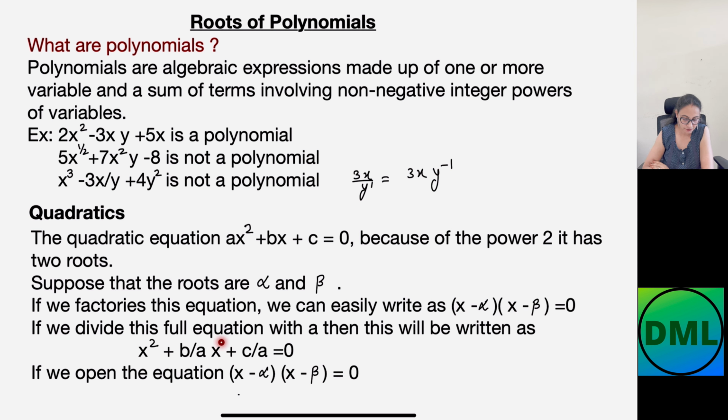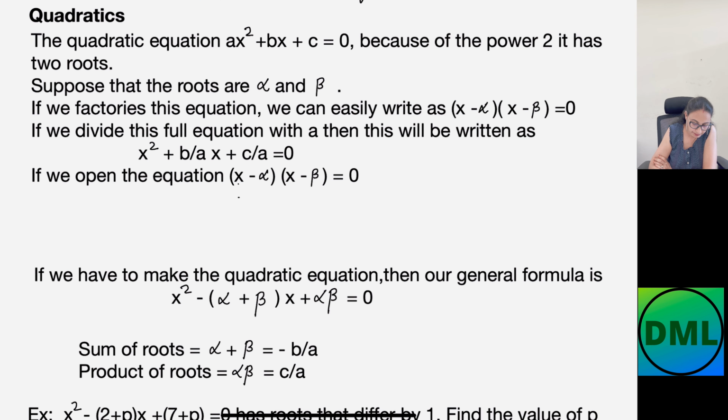If we divide this full equation by a, then a will get cancelled and this will be x squared plus b over a x plus c over a equal to 0. If we open the other equation, x will be multiplied by x and with beta also. This will be written as x squared minus x beta.